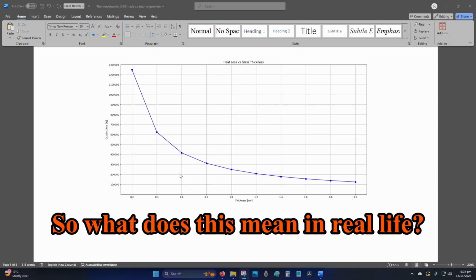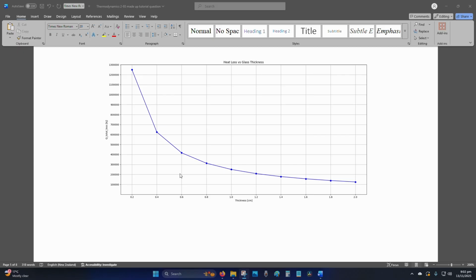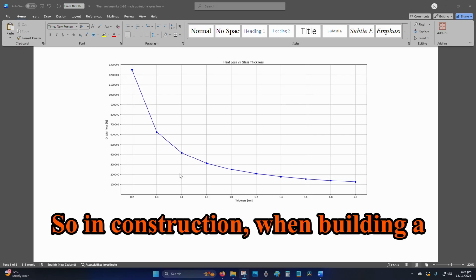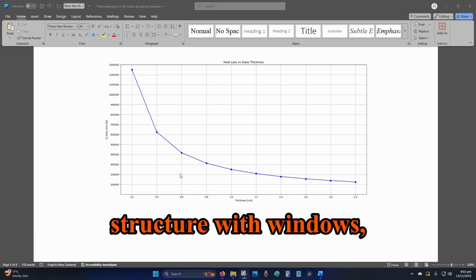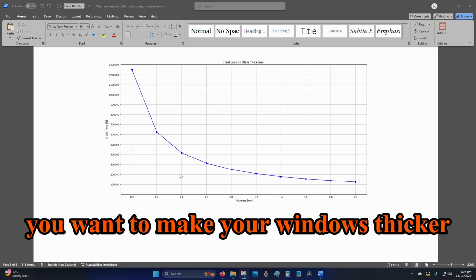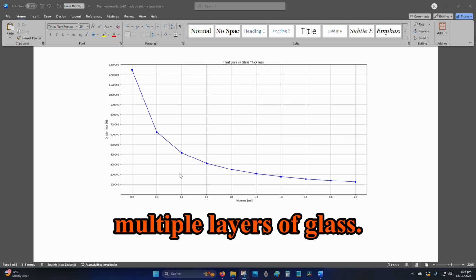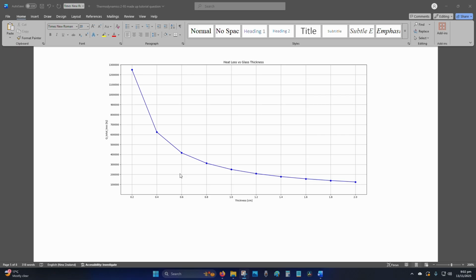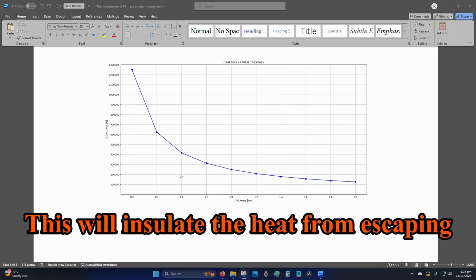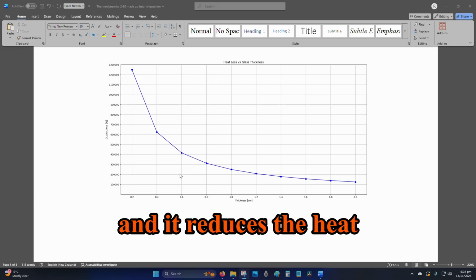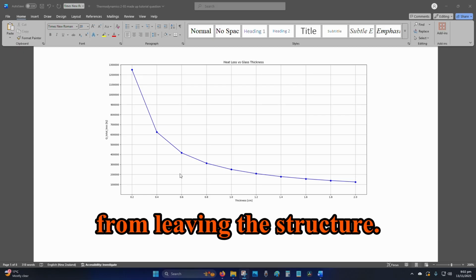So what does this mean in real life? So in construction, when building a structure with windows, you want to make your windows thicker or have your windows with multiple layers of glass. This will insulate the heat from escaping, and it reduces the heat from leaving the structure.